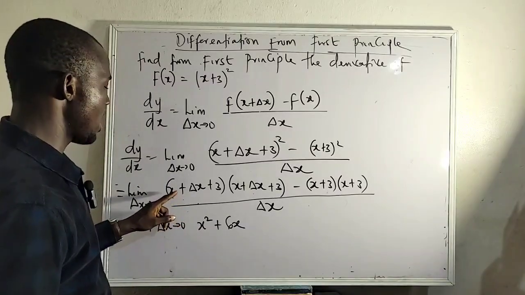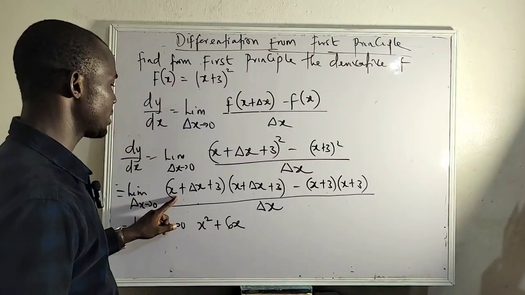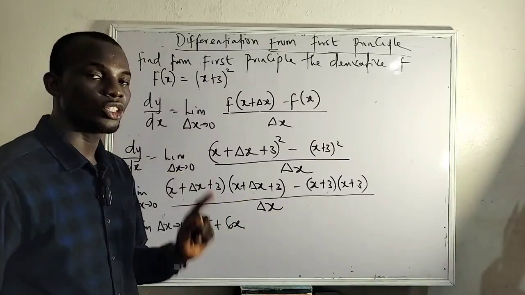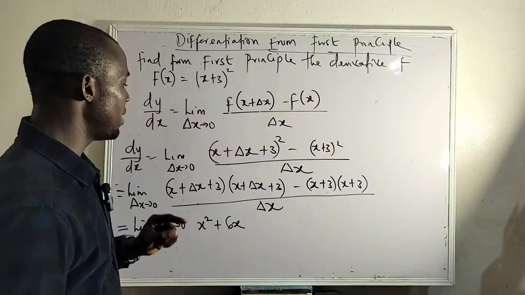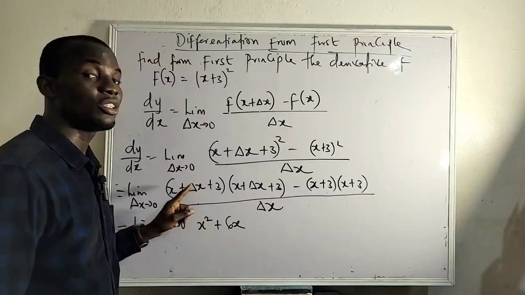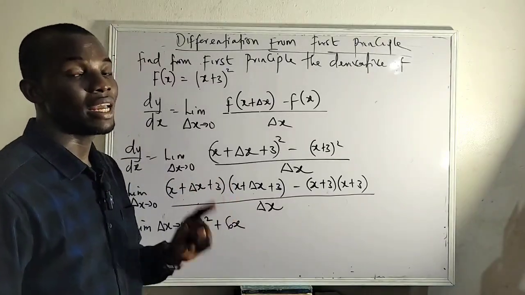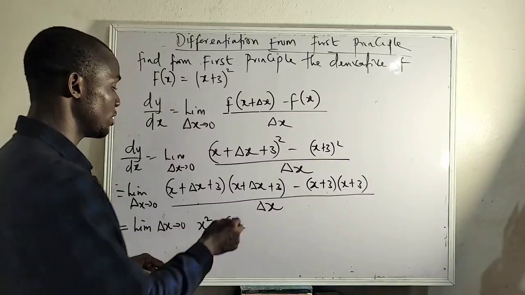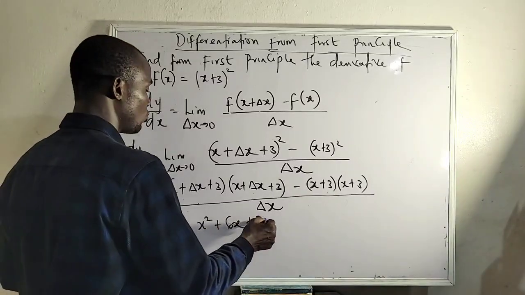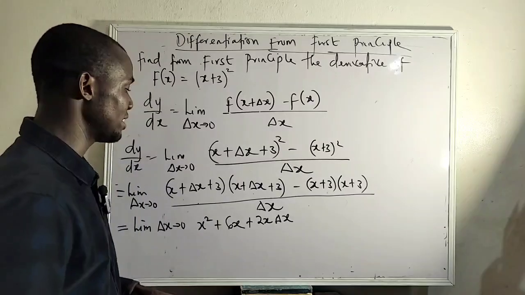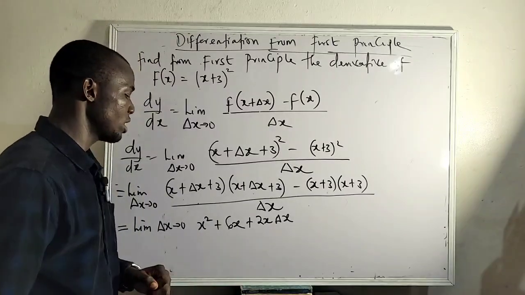Now I am doing x by change in x. That will be x change in x, and when I use change in x times x, that will also give me x change in x. So everything together will be plus 2x change in x, or 2x delta x. Let's use that.